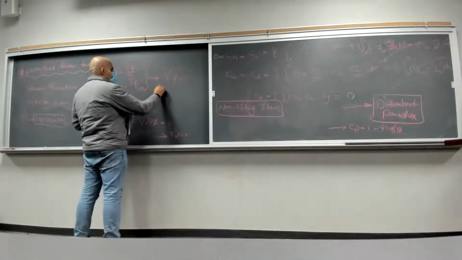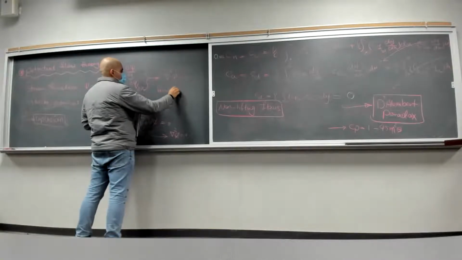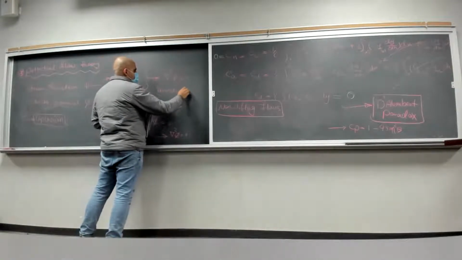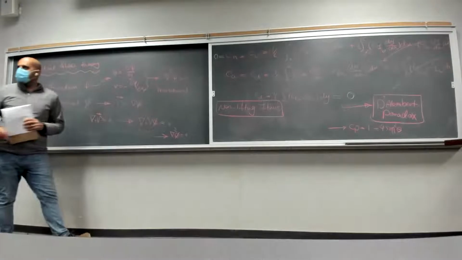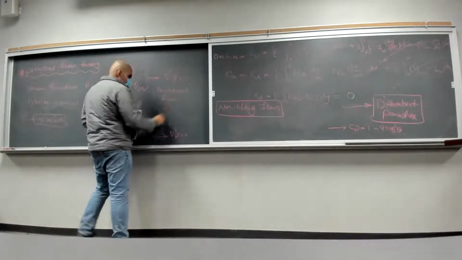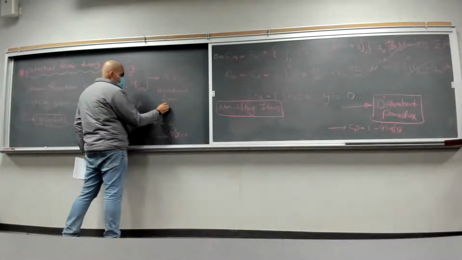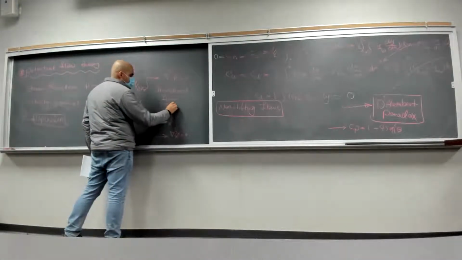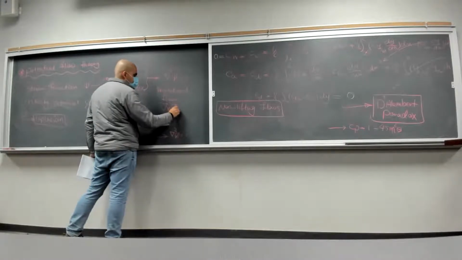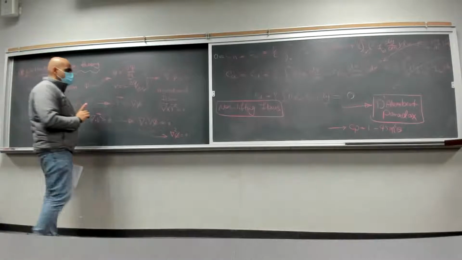What was the main characteristic of an irrotational flow? Does anybody remember? The curl of velocity is 0, so del cross V is 0. And this is where you're going to get a bonus point.